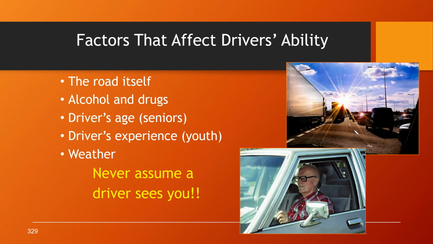Some factors that affect the driver's ability, as you see in the pictures: it's a bad thing when the sun gets right into the motorist's eyes, and especially if they have a dirty windshield, their visibility of the roadway is affected. So you might want to think about that if you happen to be setting up your work zone where the motorists are driving into the sun.